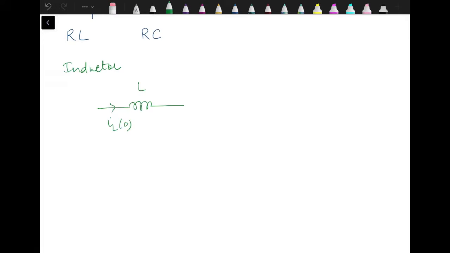Now, when we change the switch, either it's turning on or turning off, this inductor has the property that the current will not change. So the same current will continue to flow. The current through inductor is same at the instant of switching as what it was before switching.